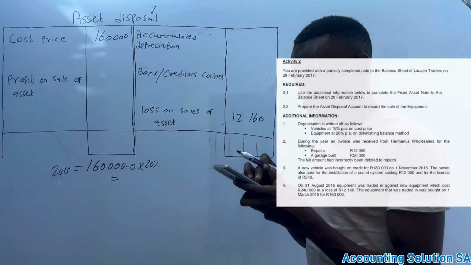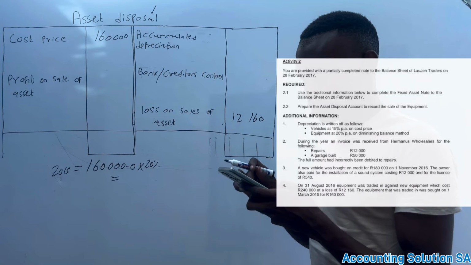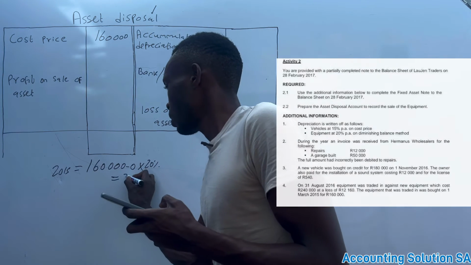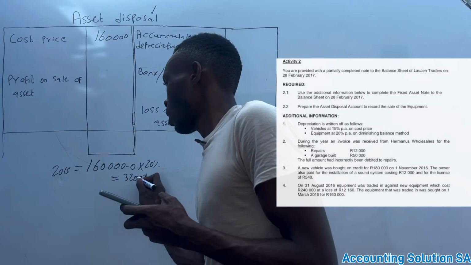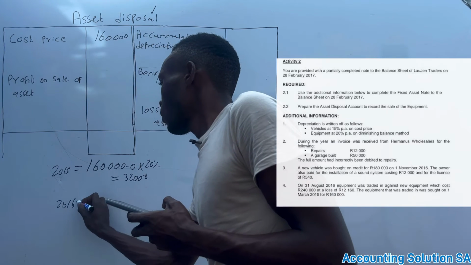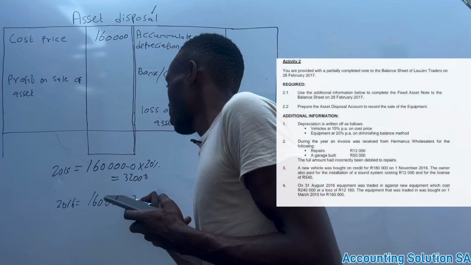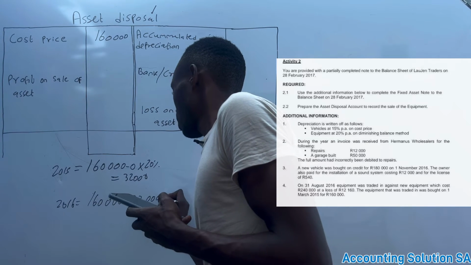It's 160,000 multiplied by 20%. Then we're going to get 32,000. Now when we do the calculation for 2016, we're going to say 160,000, because it's diminishing, minus 32,000.